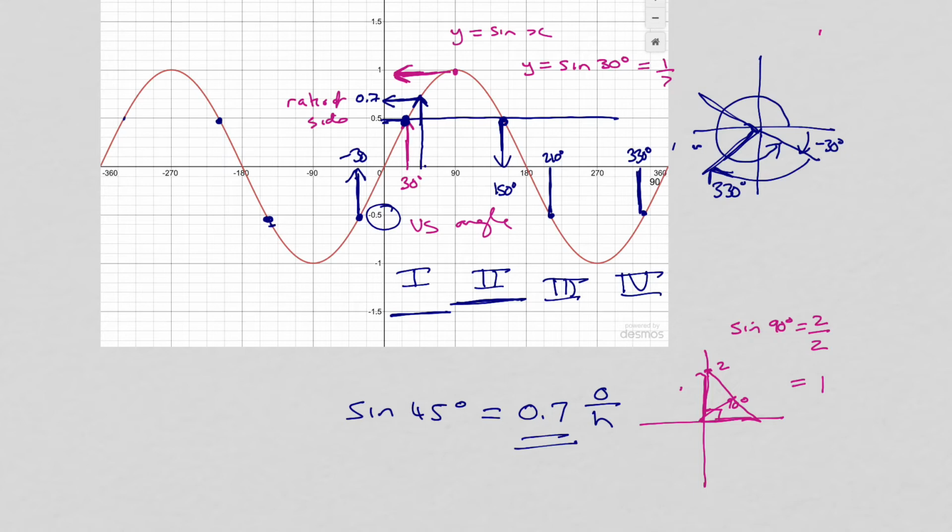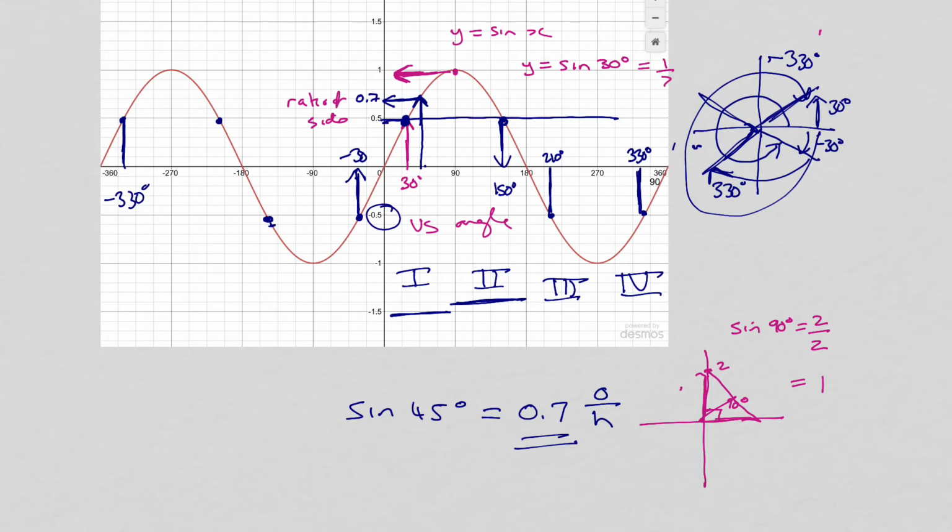And if we take away some more, we end up back in the first quadrant, right? So if you have negative 330, that's clearly the same thing as 30 degrees. So over here, I've got negative 330, which means I've gone all the way around here, around here, around here. And if I go negative 330, then that is the same thing as 30 degrees. So, of course, again, they have the same ratio, which is there, right?